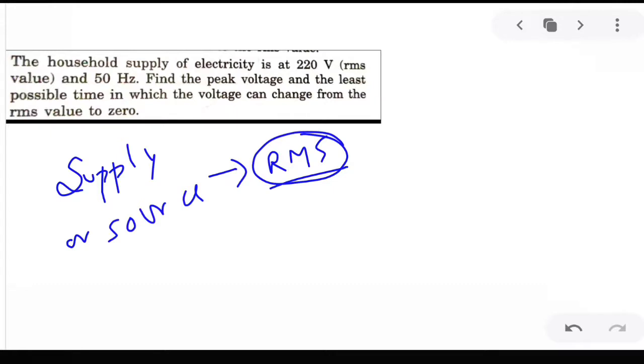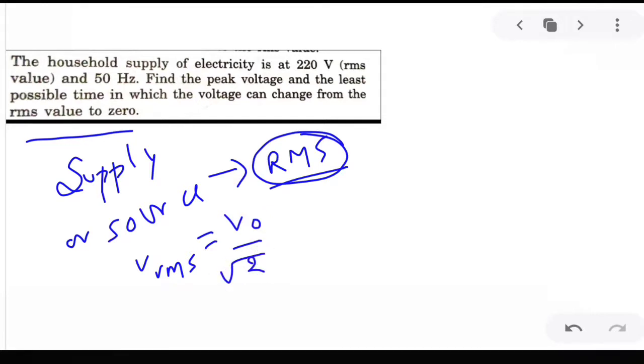So you have the household supply of electricity at 220 volt and 50 Hertz. Find the peak voltage and the least possible time in which voltage can change from RMS value to 0. So first thing asked is peak voltage. Now see, VRMS is equal to V naught by root 2.